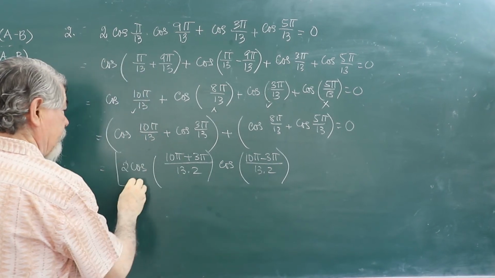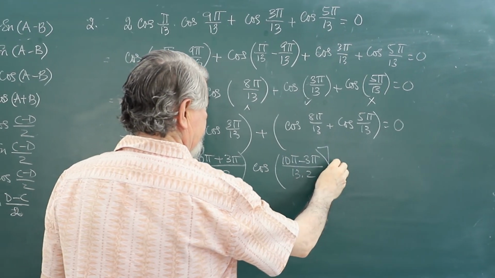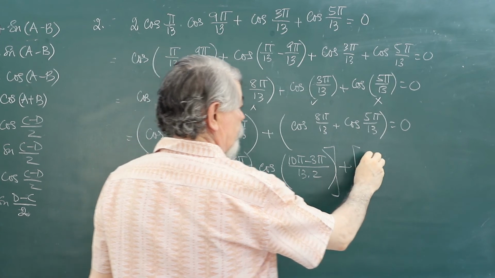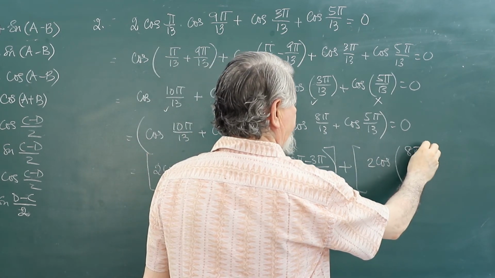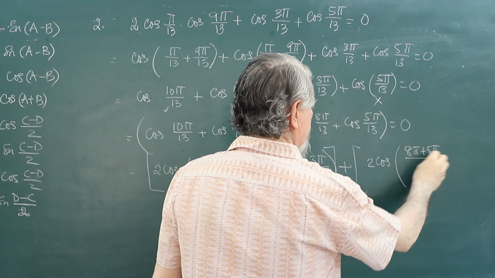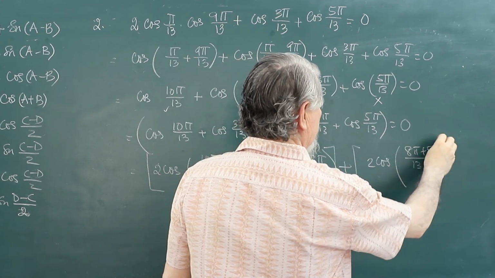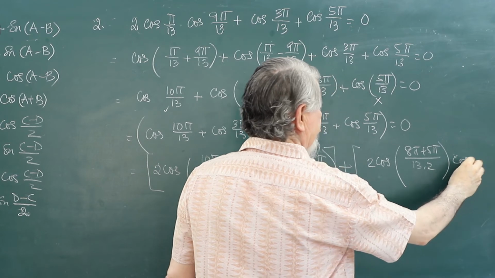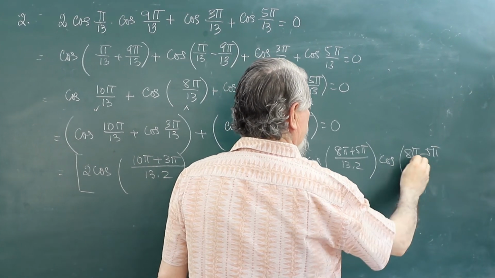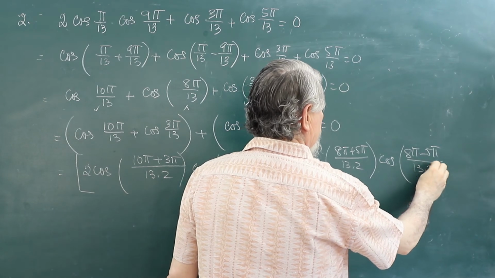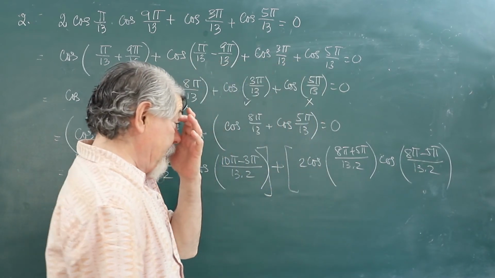So we got this here in the first bracket. Same will be applied here. So 2 cos((8π plus 5π) upon 13 into 2) and cos((8π minus 5π) upon 13 into 2). (C+D)/2, (C−D)/2.